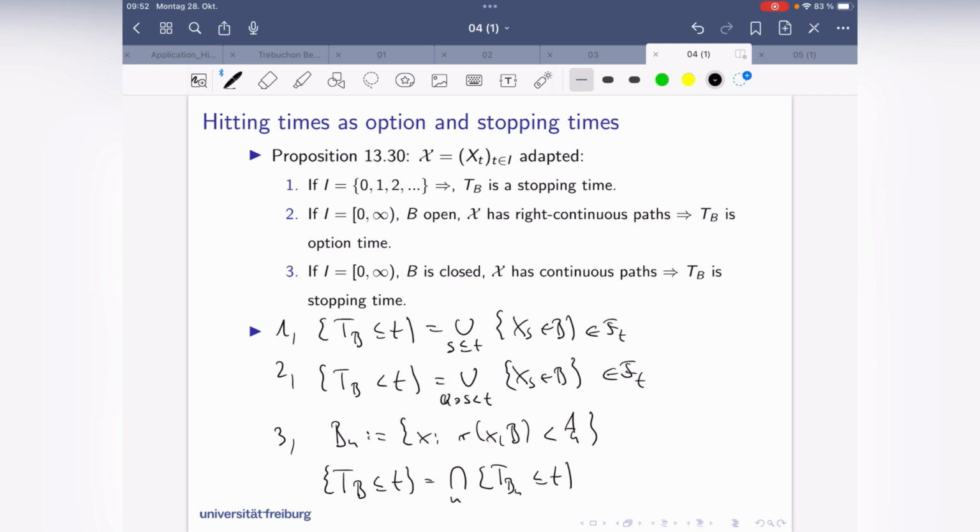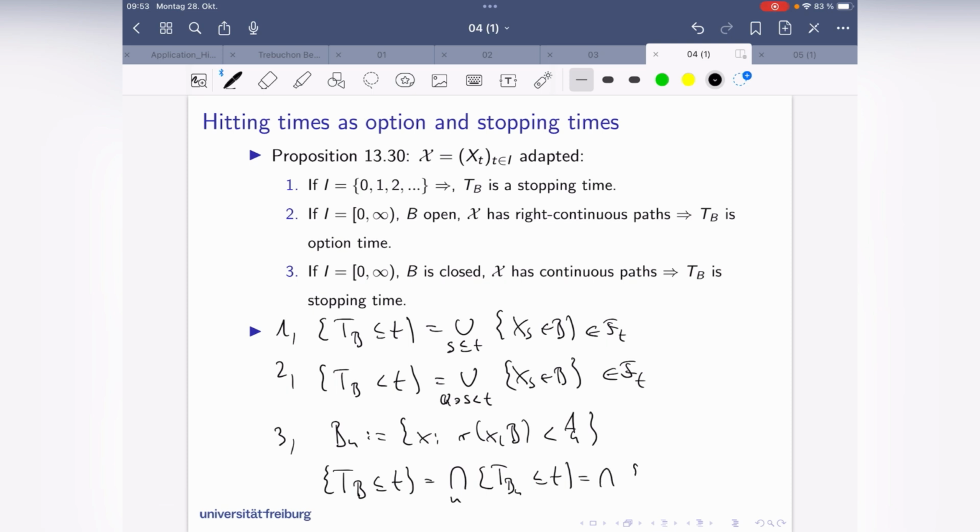So assume I hit my set B exactly by time t. Then this here of course also holds because I hit Bn sometime before time t. So what does this here mean? Tbn less or equal than t, and the Bn's are open now.